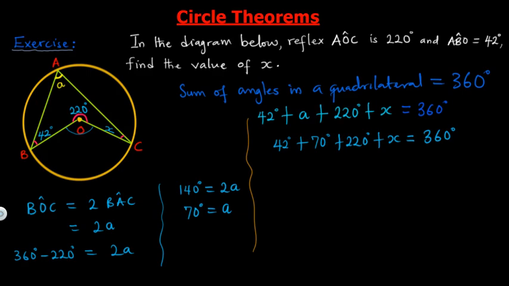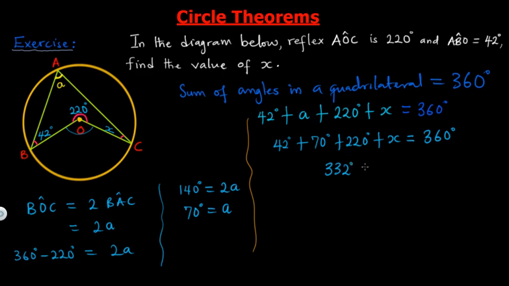Now what is left for us is to add all these angles, which is 42 plus 70 degrees plus 220 degrees. What will this give us?